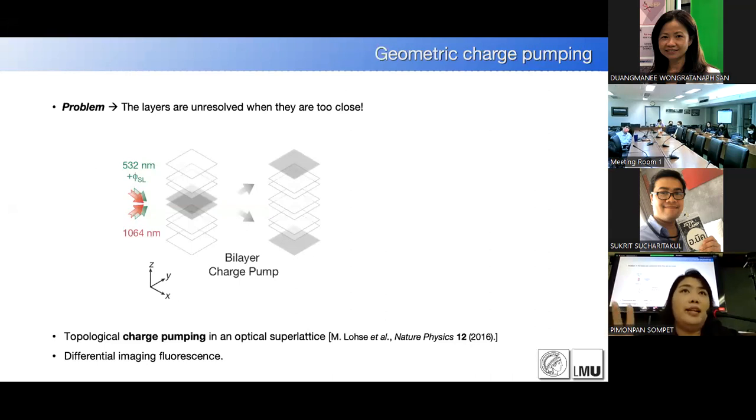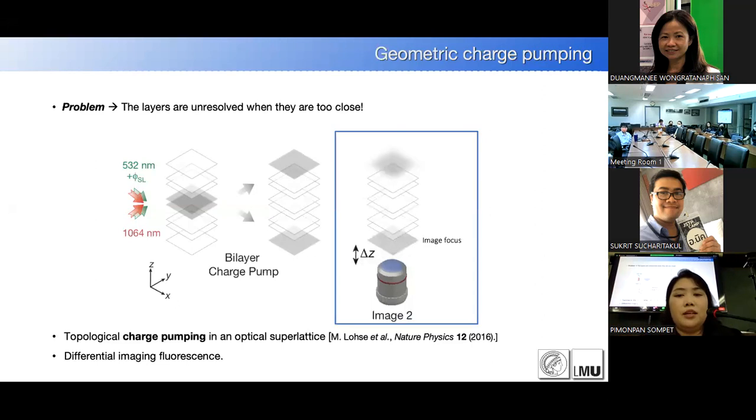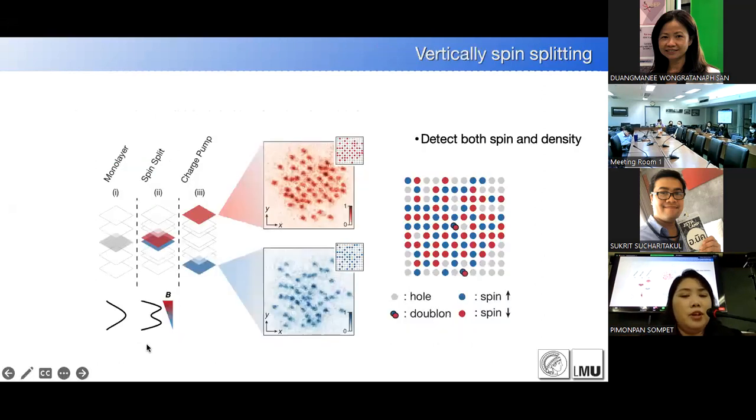The thing is, we use only the linear shift of the energy, the linear part, in such a way that the atom with spin up will seek the low field.